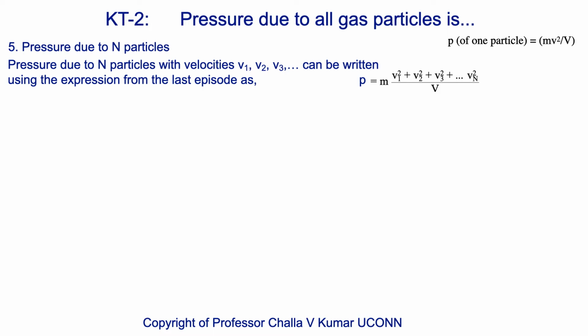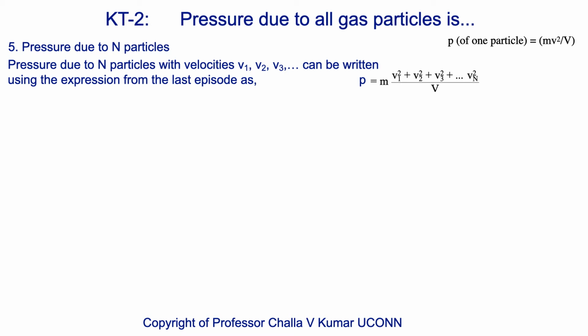So that series is simply equal to m, which is common to all the individual terms of mv squared over V. And so if you take out of the fraction, v1 squared corresponds to the term from particle 1, v2 squared is from the second particle, v3 squared, the third particle, etc., till vn squared, which corresponds to the last particle, the nth, and divided by the volume V, which is common to all the terms.